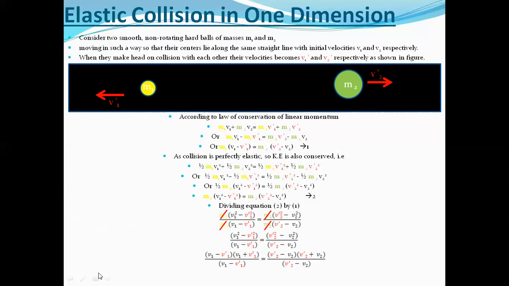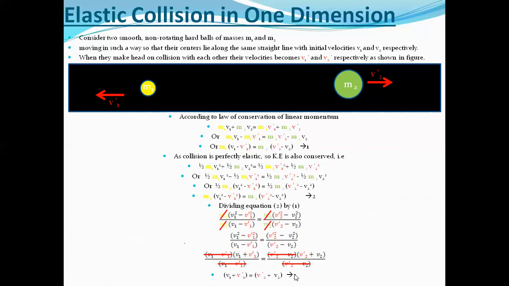So if we have values similar to each other, we can cancel these two values out because they are the same, and what is left behind is basically the values of the velocities. After cancelling these values, it will be v1 plus v1 dash is equal to v2 dash plus v2.